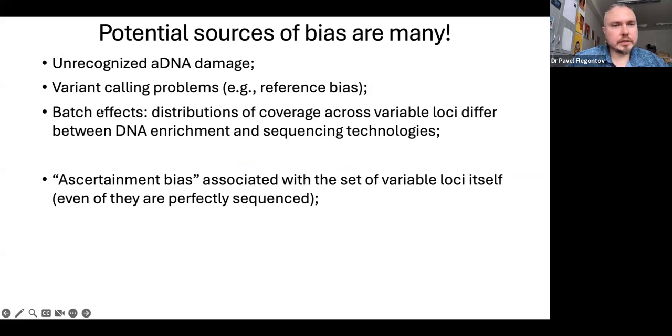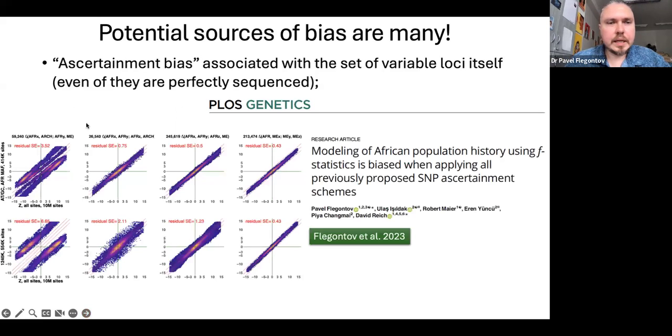So while these batch effects arise due to, let's say, imperfect sequencing, imperfect coverage distribution across loci, ascertainment bias arises even under perfect coverage on simulated data. And here I'm showing some results from our paper published last year.